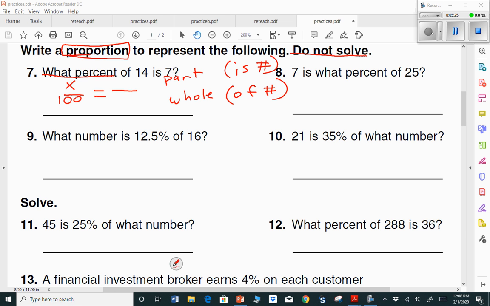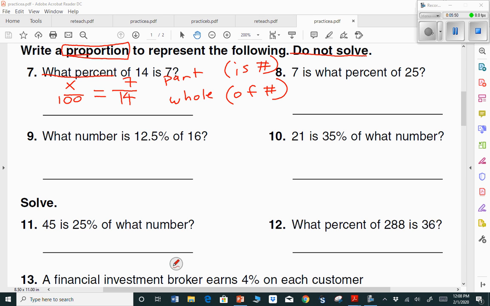You have to see if it makes sense. But let's go ahead and see if that works here. Of 14 on the bottom and is 7 on the top. So you have set up a proportion for this scenario, 7 over 14, and you can see that's going to be the same as 50 over 100, and the answer would be 50%. But you're not even asked to solve, just to set the proportion up.